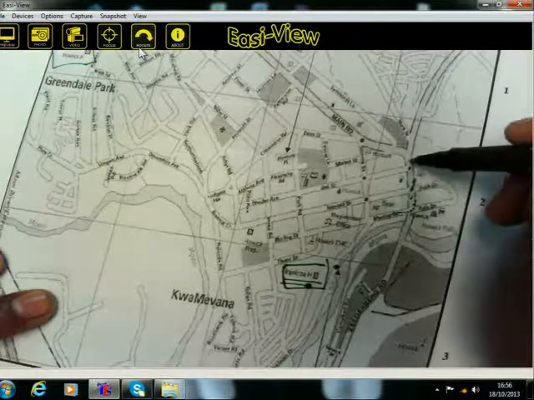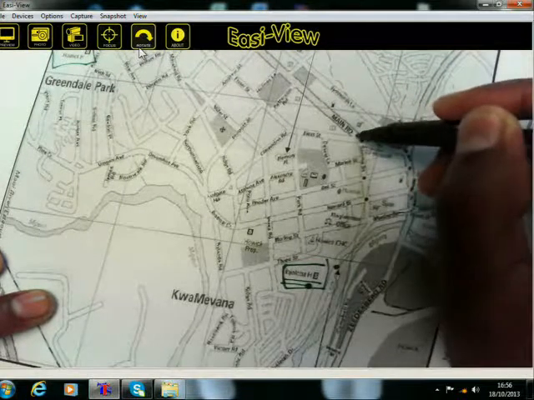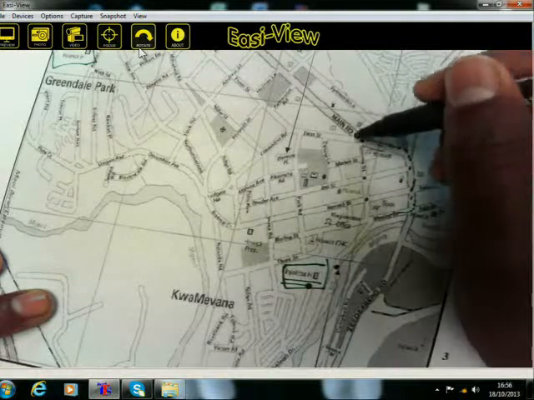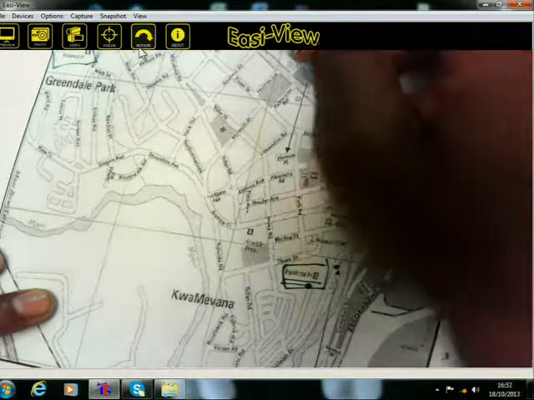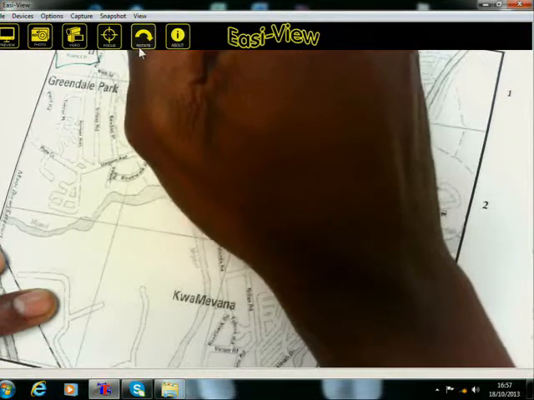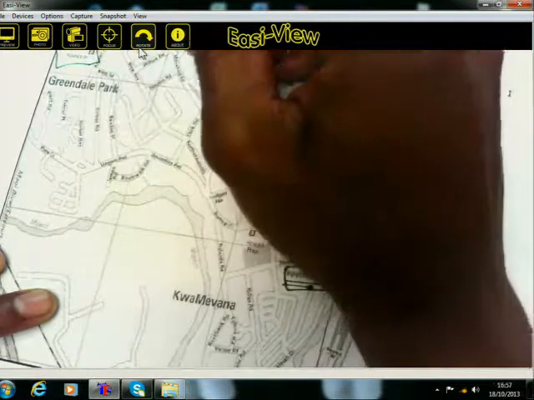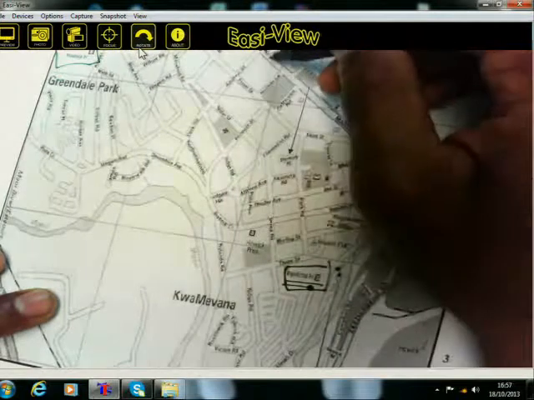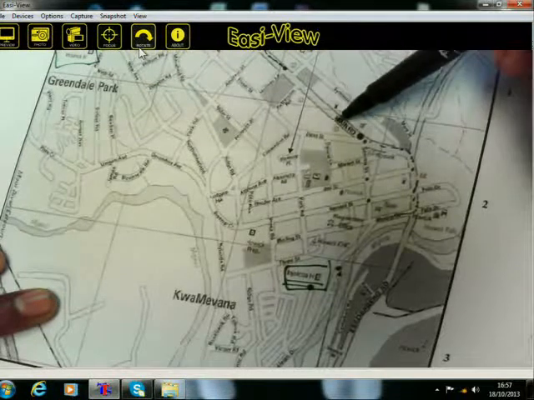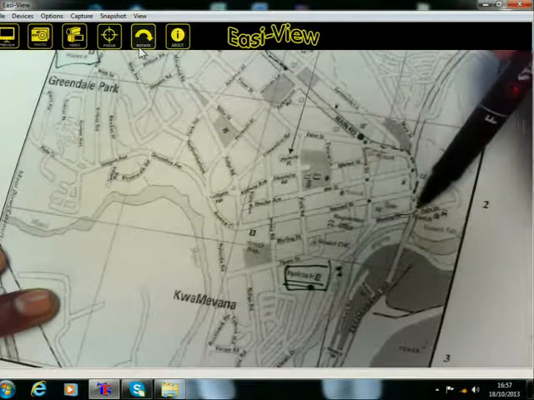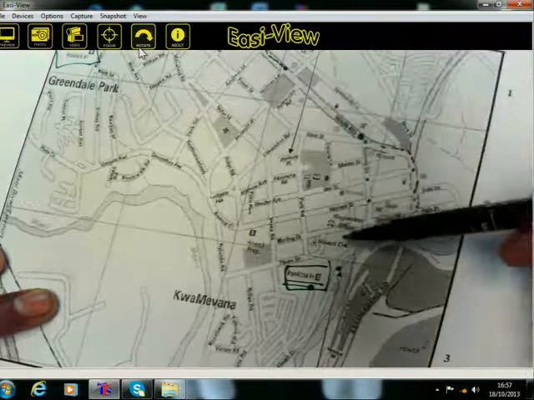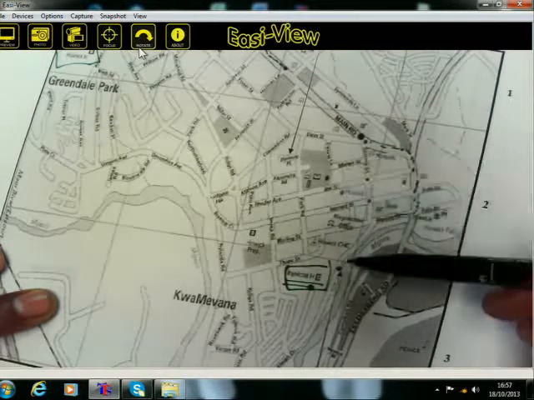This way. This is the main road. Remember, we are not supposed to use the main road, which means this road is out. We cannot use this road. Fine. We must find another way to get there.